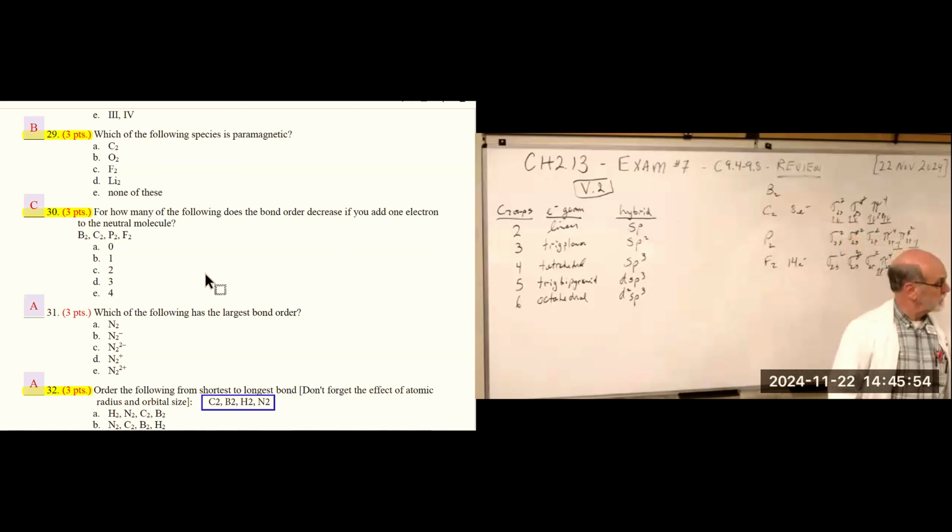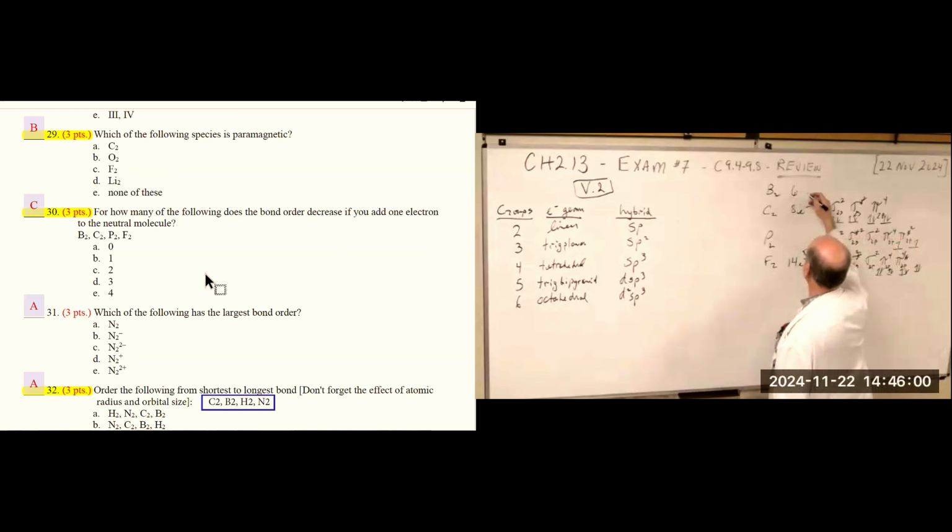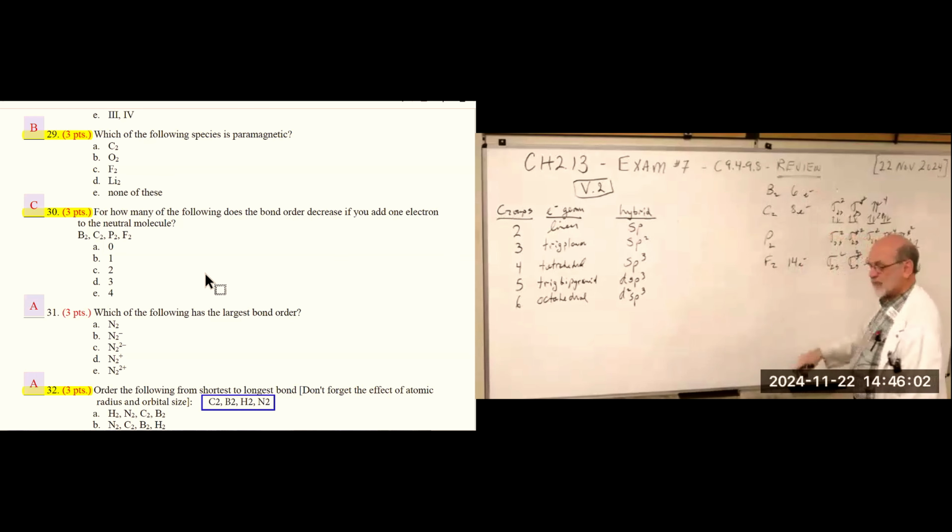So boron would have 6 valence electrons. And P2, now we're moving down. P2 is in the 3rd period, so we're working with 3 S's and 3 P's. And I assume that phosphorus is going to be like nitrogen. It's going to be sp mixing.